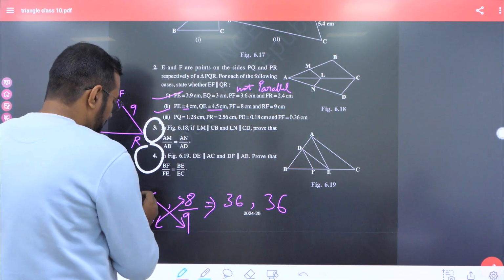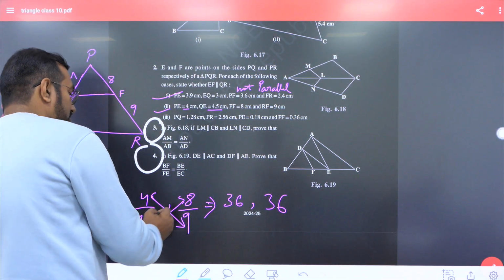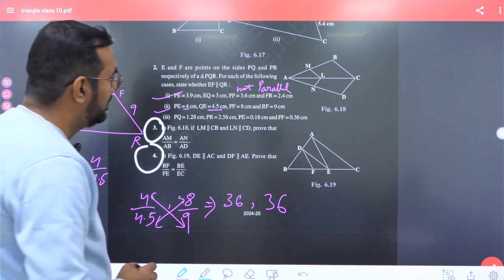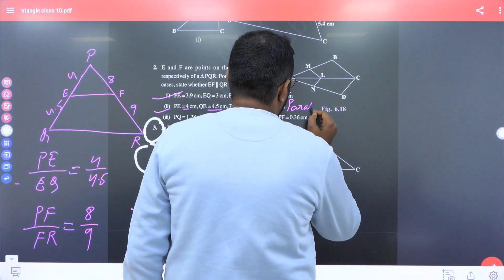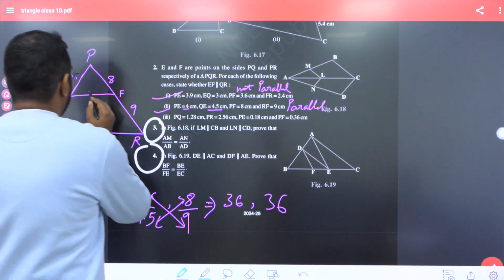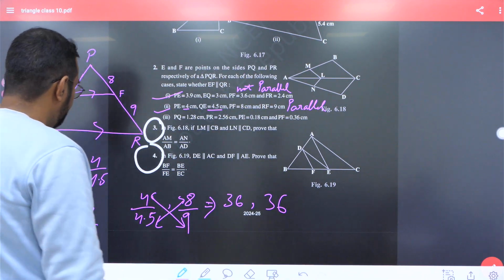Means this multiplied by this is equal to this multiplied by this. So we can say they are parallel. In this case, parallel. This one is parallel to this.